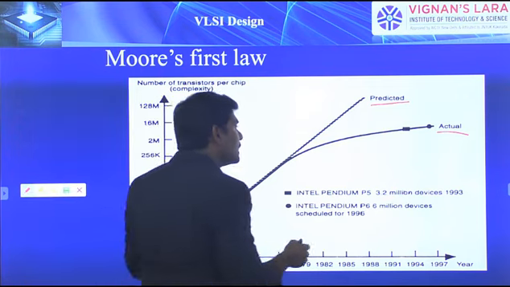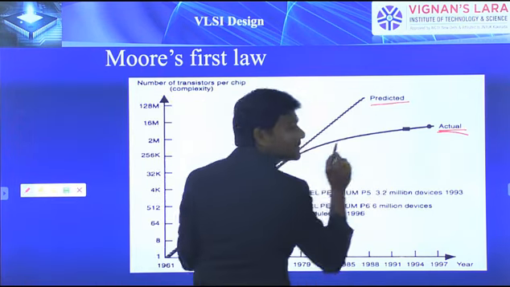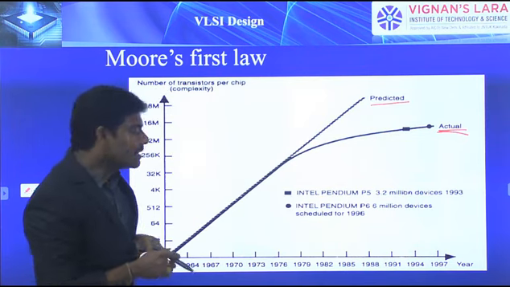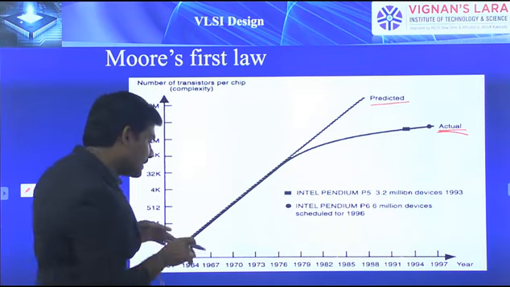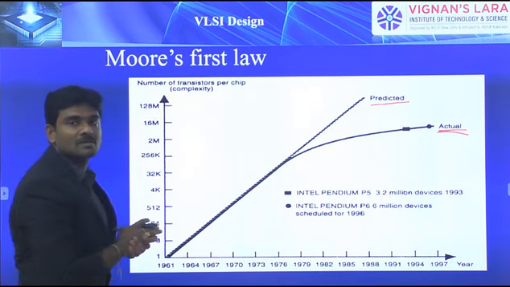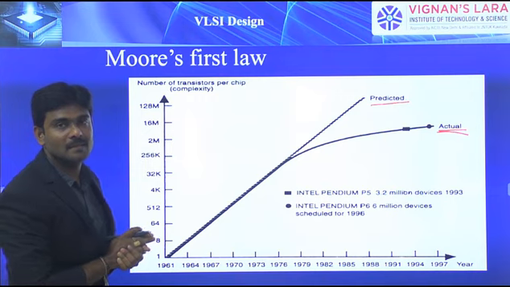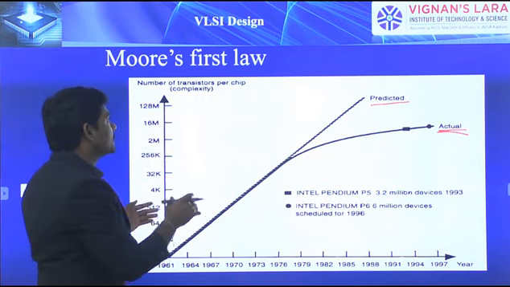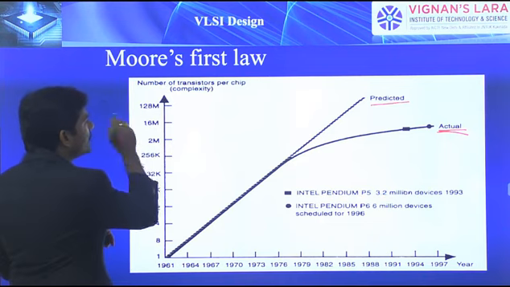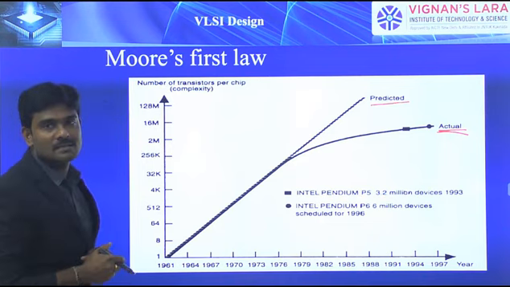So actual seems to be like this, but Moore predicted it like this. This graph represents how the number of transistors on an IC increases year by year. Here we have the years on the x-axis, and on the y-axis the number of transistors per chip.